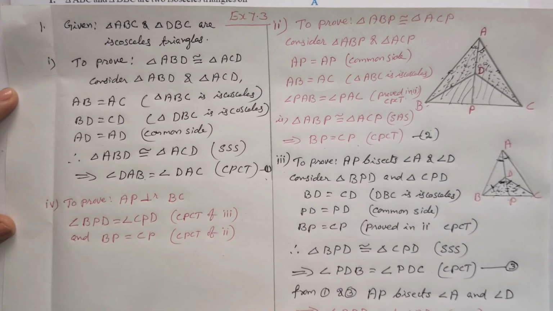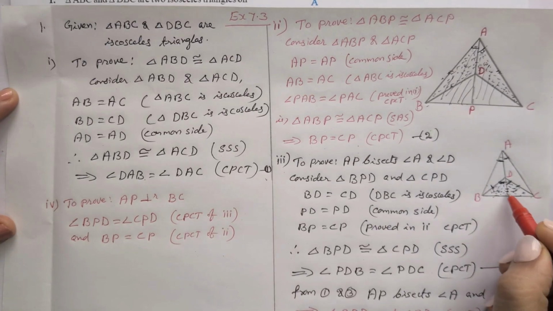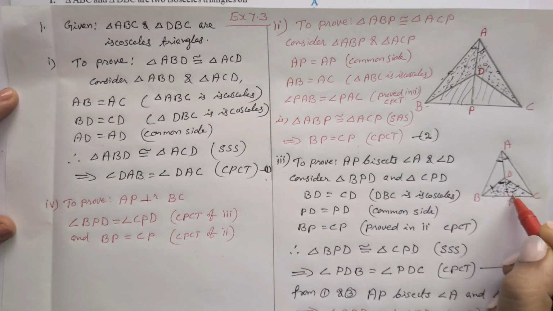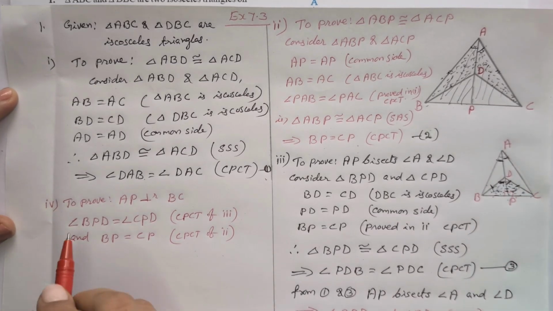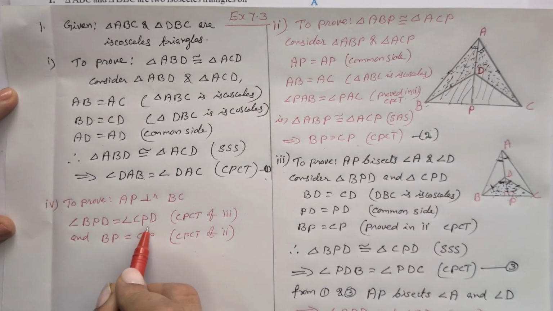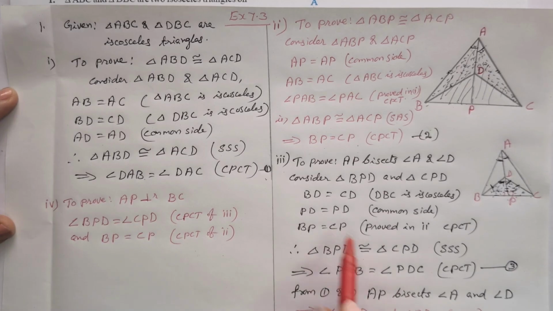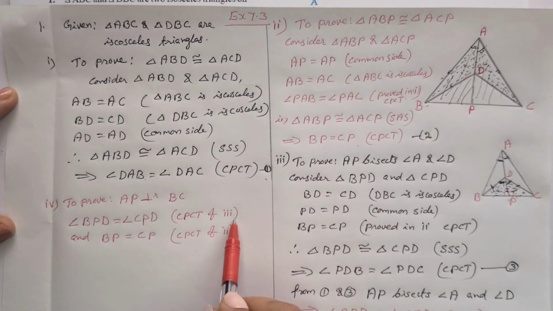Now the fourth part of that question, we have to prove AP is perpendicular to BC. For that, from the third part we can write angle BPD is equal to angle CPD, that is the CPCT of the third part.